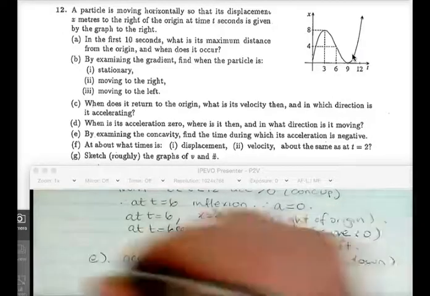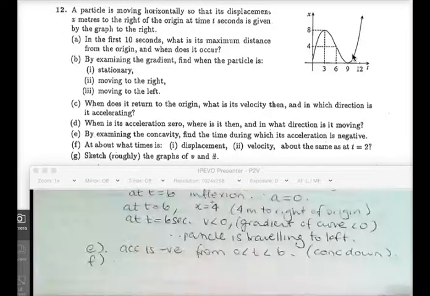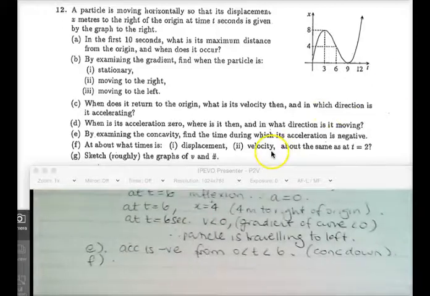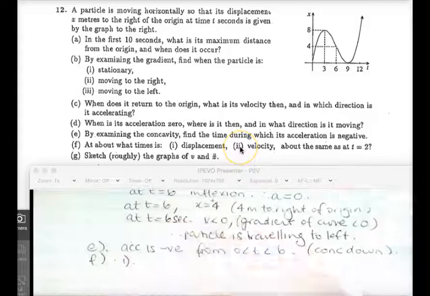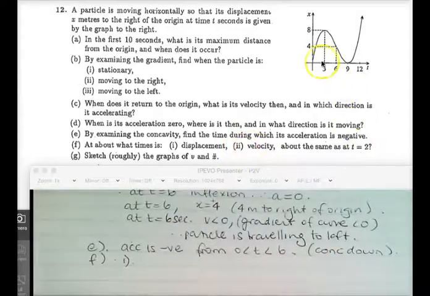Okay, and for part F, at about what time is the displacement about the same as at t equals 2? If I look at t equals 2, which is about here, the displacement's about there. At this point here, I think that's the same as about t equals 4.